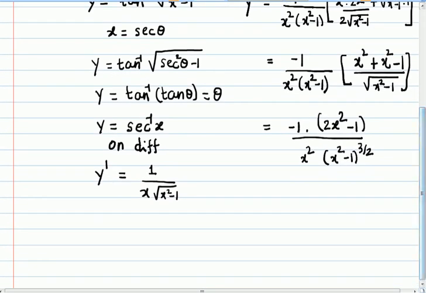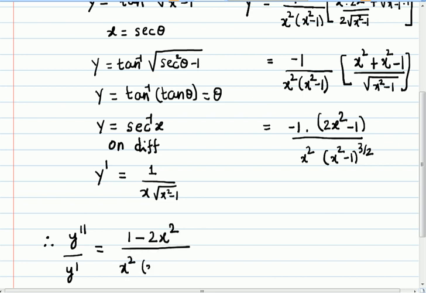Now you should take the double derivative to the first derivative, y double dash divided by y dash. What is y double dash? What you can observe is 1 minus 2x square divided by x square into x square minus 1 into root of x square minus 1, into y dash, which is the reciprocal, x into root of x square minus 1.